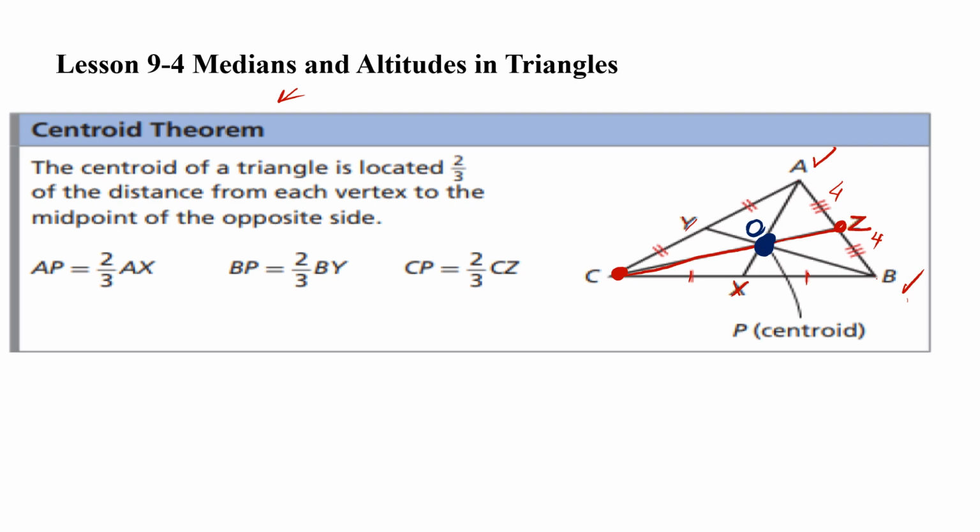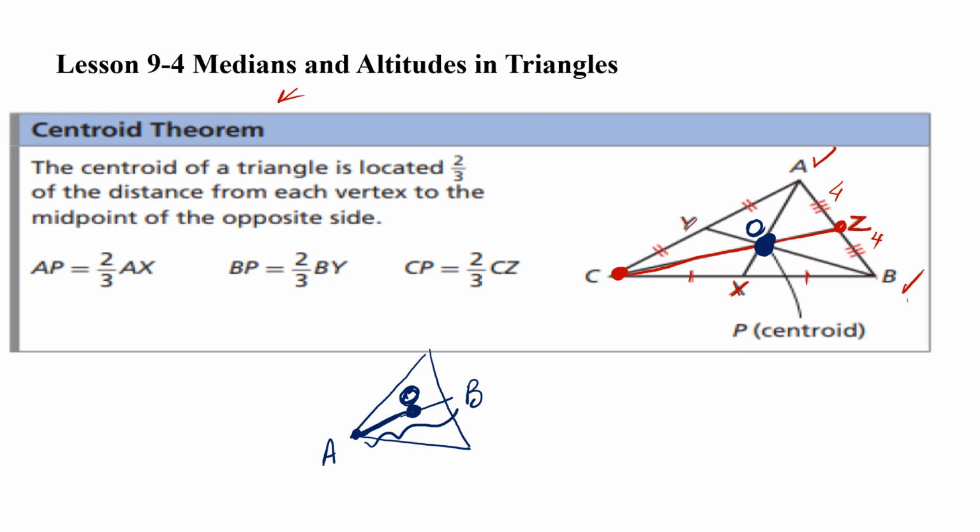Now what is happening at the center? Let's see the bigger picture. This is the center point of the triangle. Let's suppose this is A, this is O, and this is B. The line which is coming from the vertex is 2/3 of the total line AB, covering two parts out of the three parts of the line AB.